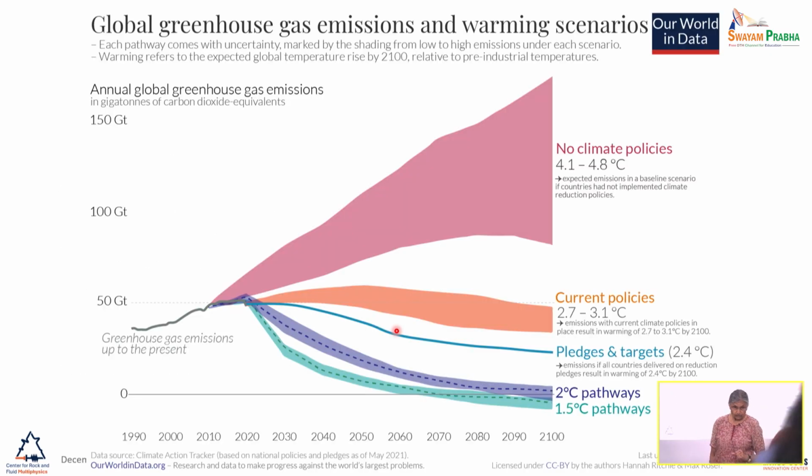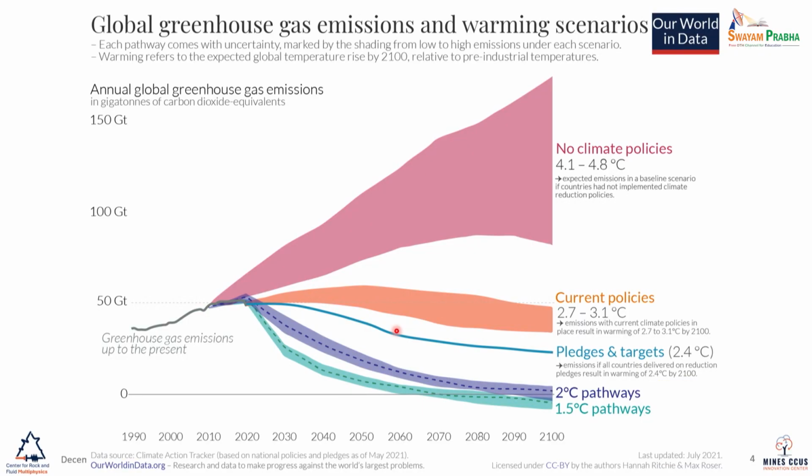So just to remind us all, the reason we are here is because of this. This is the part that we are looking at if we don't do anything. If we do current policies, we are still aiming at a 3 degrees centigrade rise above pre-industrial levels.